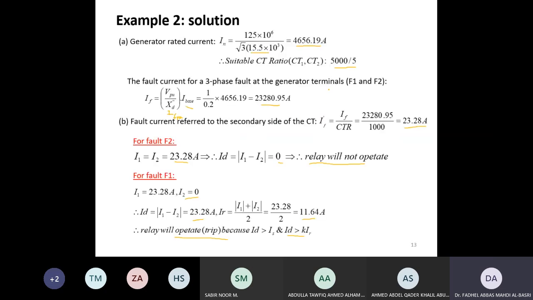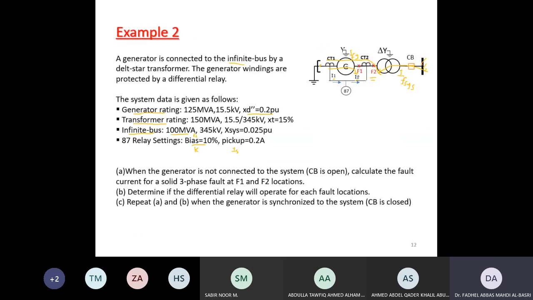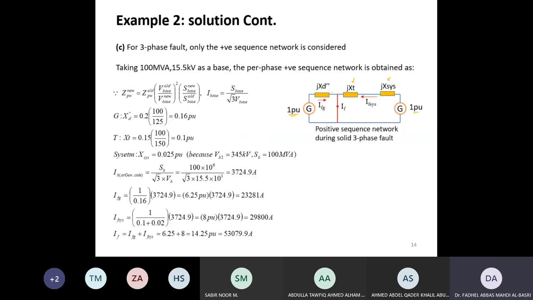Now for a fault at F1, F1 represents the end of the generator winding. So this is a short three-phase fault here. There will be current fed from the system and current from the generators, that gives you I fault. But the CTs could be here or here, depending on F1 or F2.